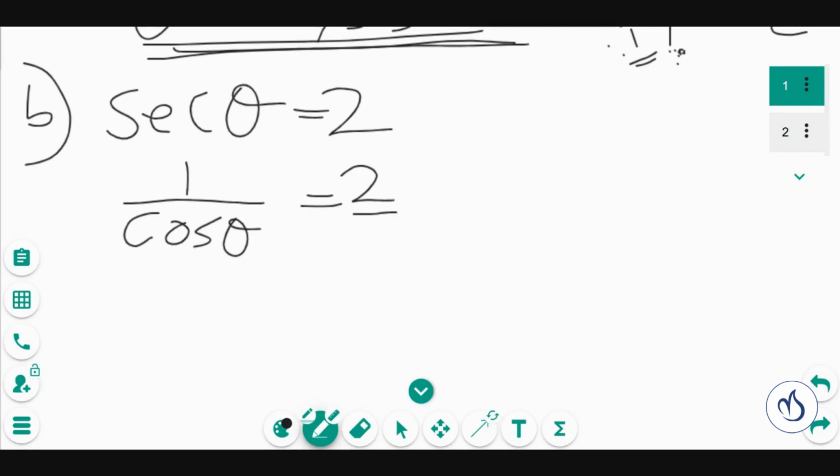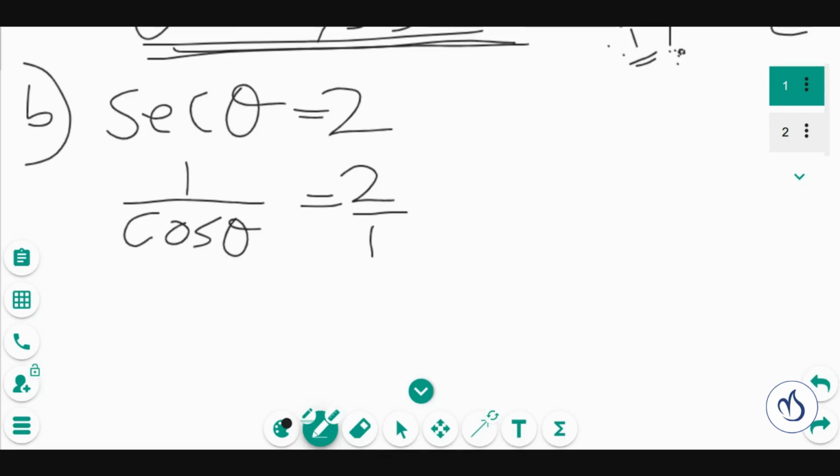Okay. Then 2 is the same as 2 over 1. I want to cross multiply. I want to make cos theta not a denominator; I want it to be a whole number.